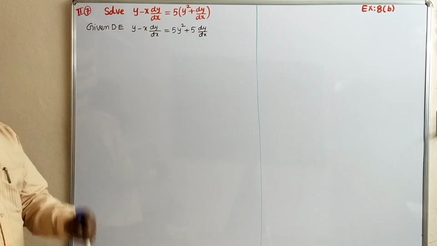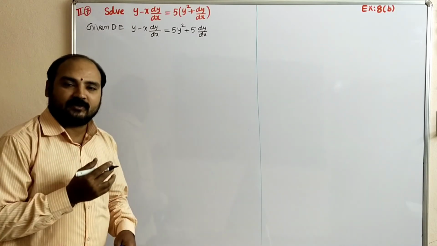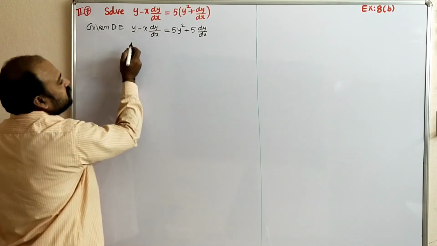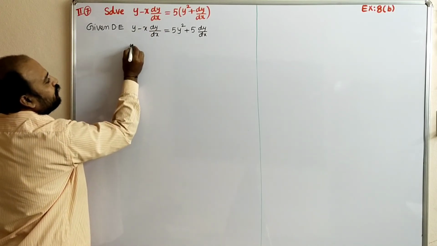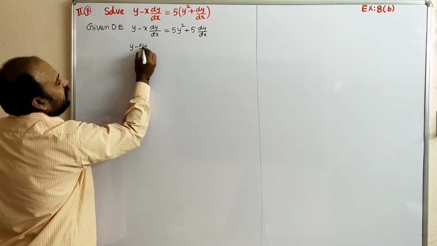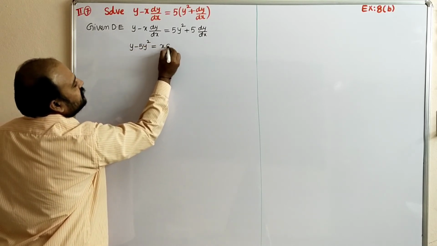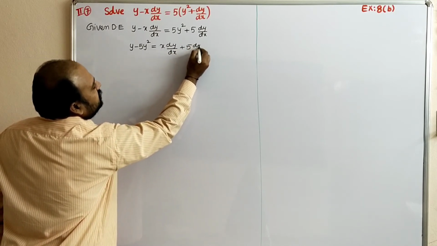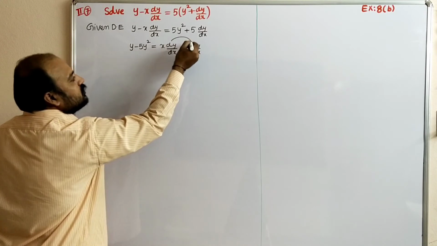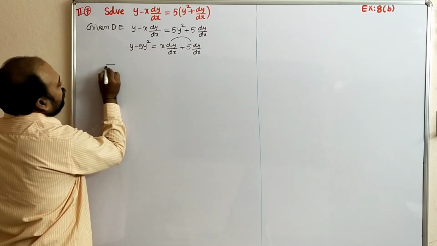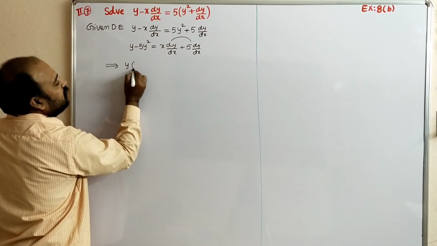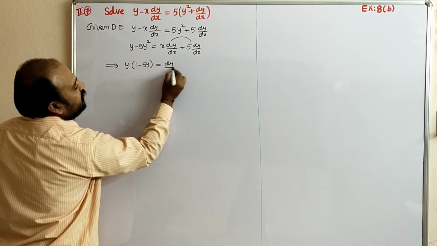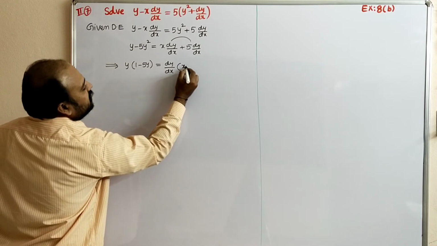Now, the terms containing dy by dx on one side and the terms not containing it on the other side. So, 5y square I am taking to this side. y minus 5y square is equal to x dy by dx plus 5 dy by dx. From these two, dy by dx take common. That implies here also y take common, y into 1 minus 5y is equal to dy by dx into x plus 5.